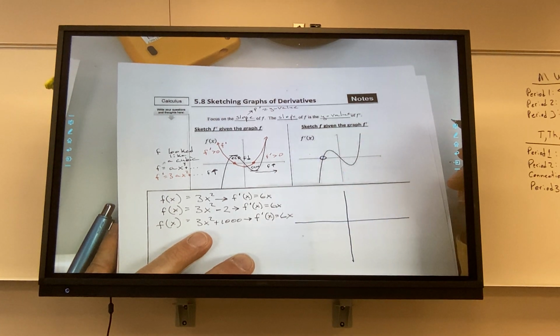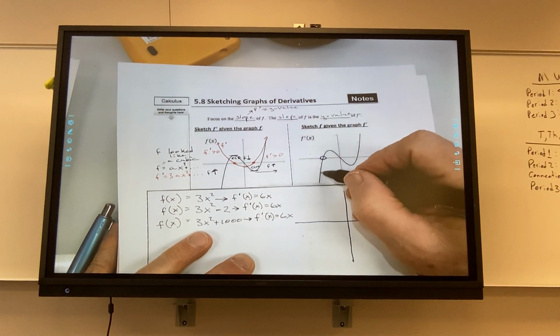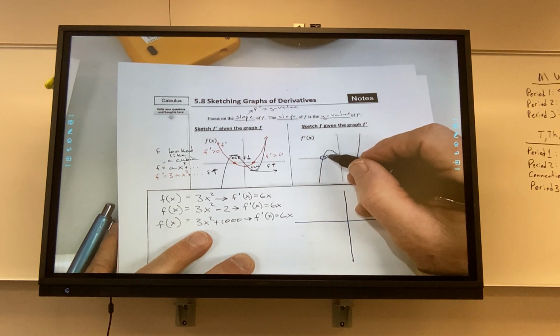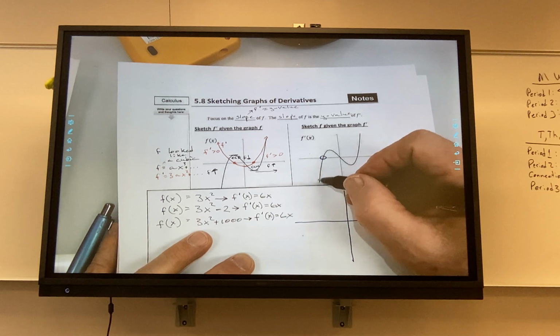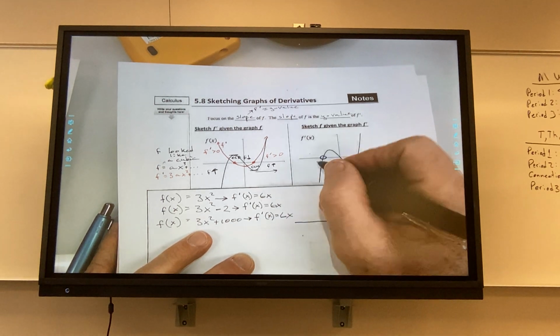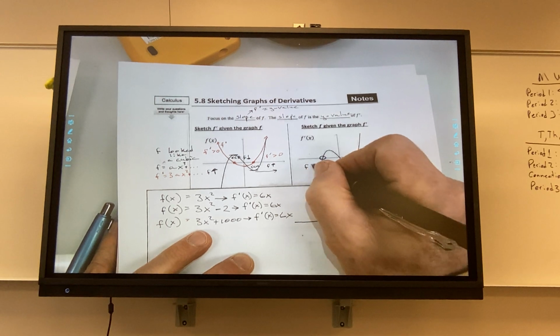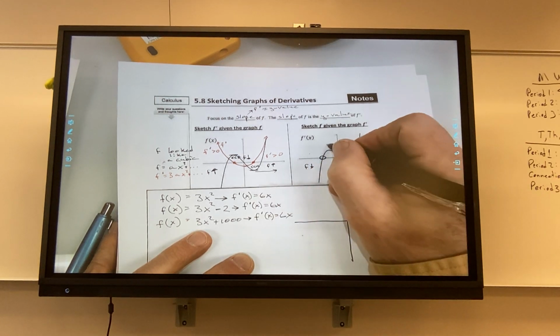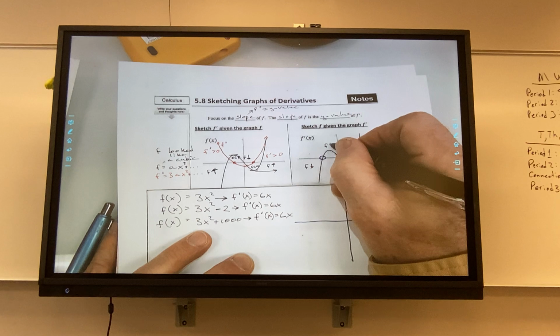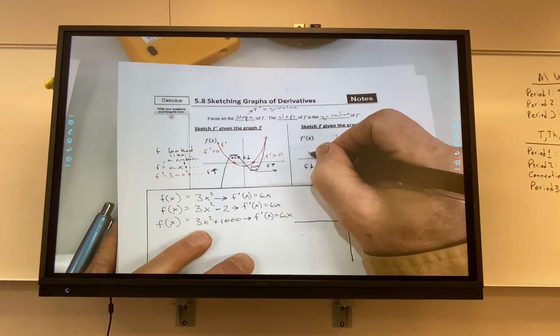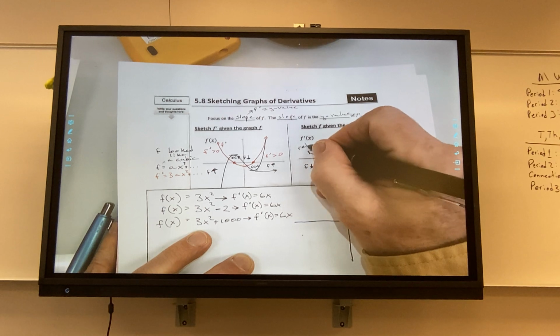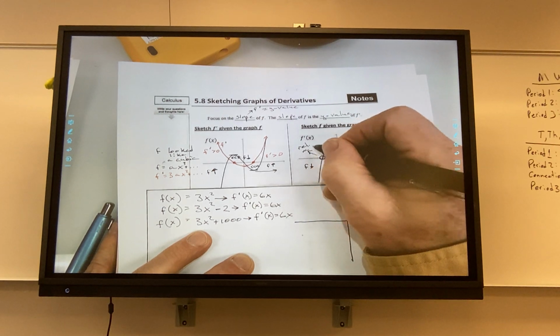Is it a relative max? Let's look at it. It's a relative min. He disagrees with you. Oh yeah, relative min. Yeah, right? Because the derivative here is negative, so that means f is going down here. f is going up here, correct? So this is a relative min.